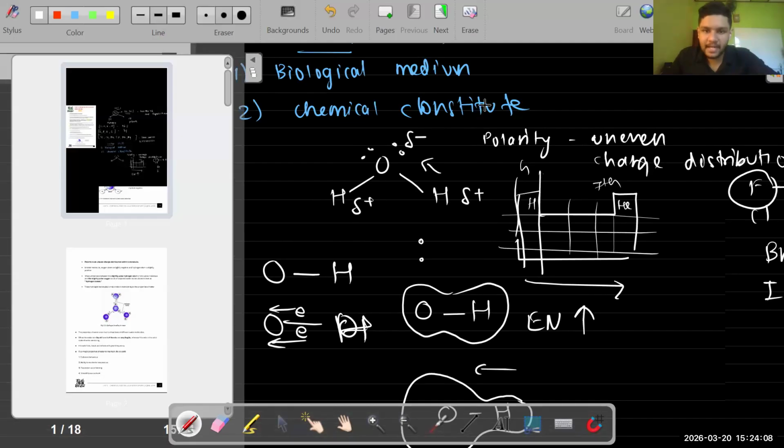So there is a charge separation, and that charge separation is not equal, it is unequally separated. That unequally separated charge is called polarity. That is a simple idea. Is it clear? Clear, perfect.